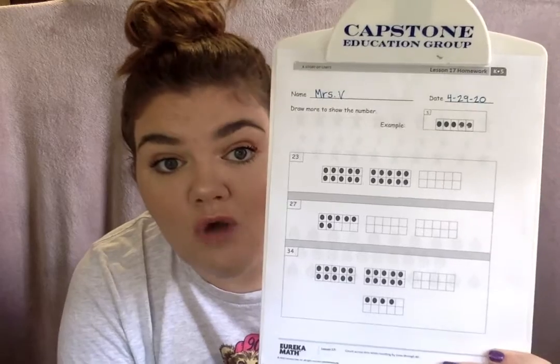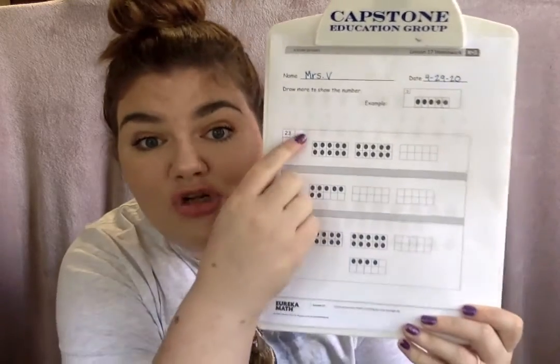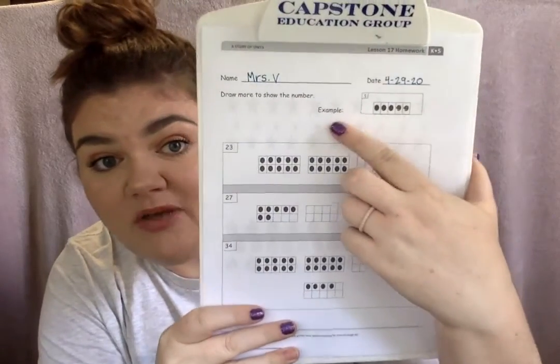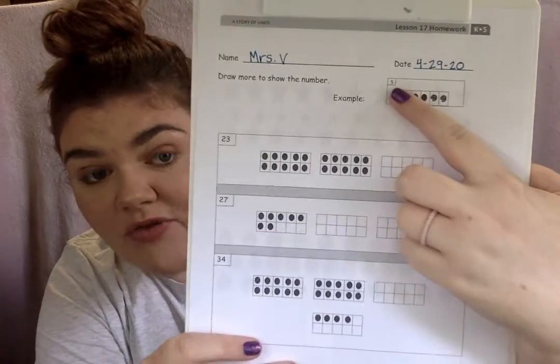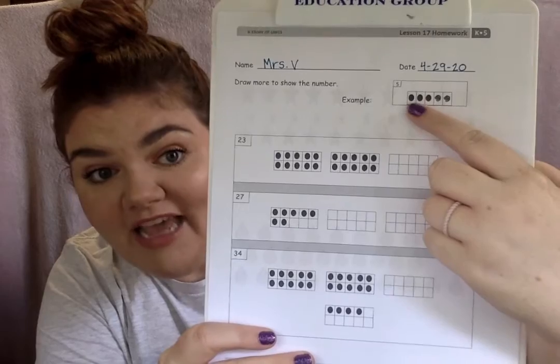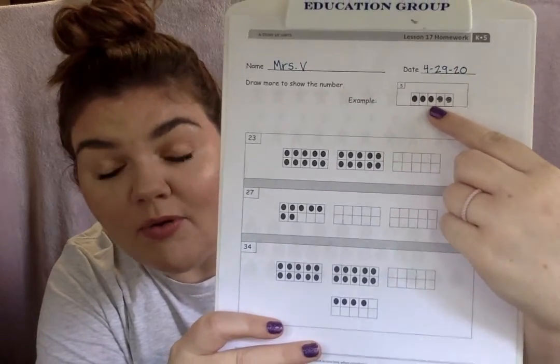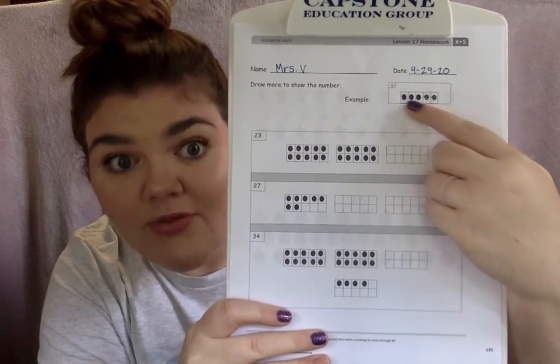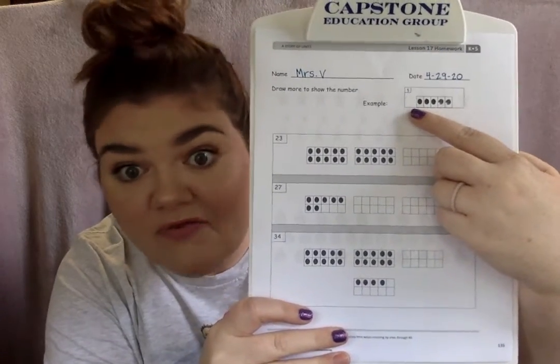So today on our worksheet, it is asking us to draw more to make the number. For example, it gave you the number 5. It only gave you 3 dots, but we know that to make the number 5, 3 doesn't make the number 5.